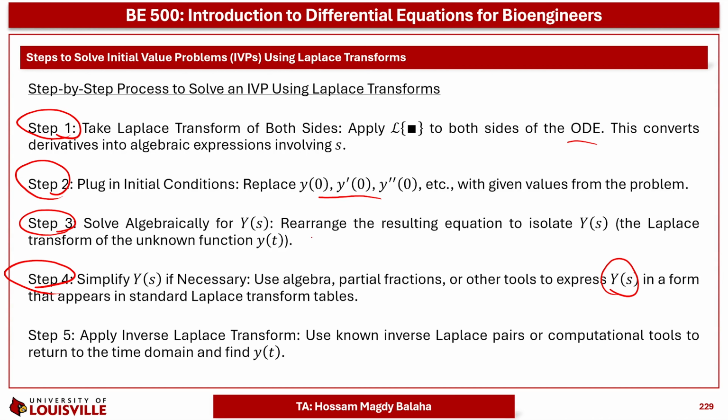So by the end, we need something like Y(s) equals something plus or minus something, and so on, and these parts should be in forms that appear in standard Laplace transform tables. Finally, step 5: apply the inverse Laplace transform using known inverse Laplace pairs or computational tools to return to the time domain and find y(t).